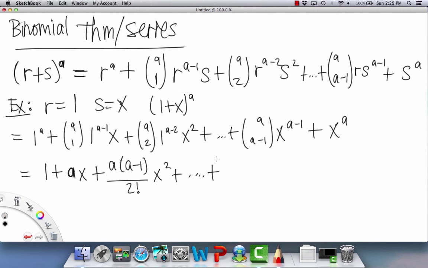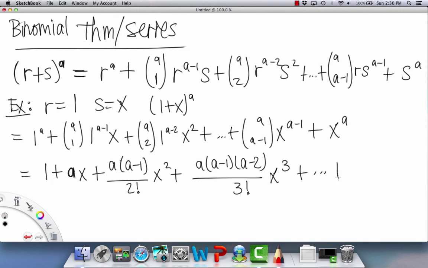I'll write out the next term as well, so you get a better visualization of where we're going with this: a times a minus 1 times a minus 2 over 3 factorial, and then x to the third.